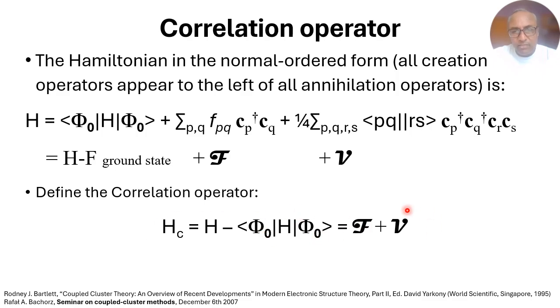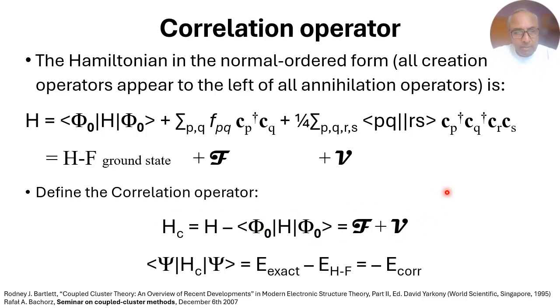So HC is equal to F plus V. Then the expectation value of HC is the exact non-relativistic energy minus the Hartree-Fock energy, which is the negative of the correlation energy as we have defined it earlier.